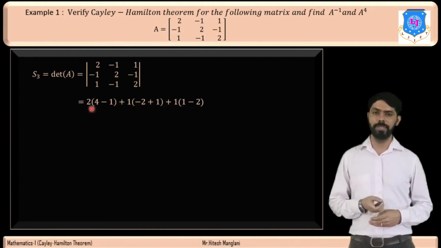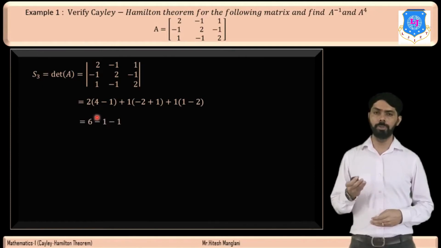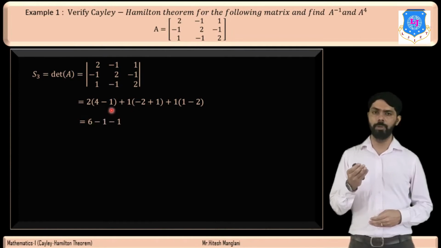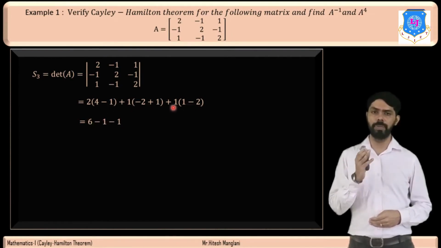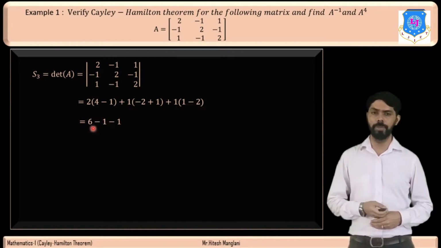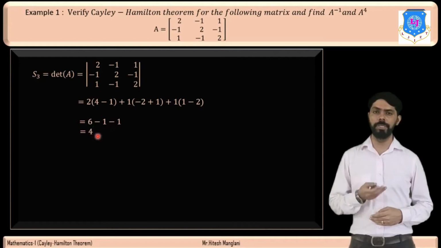If we simplify this, then it will be 2 into 3, so it will be 6, then minus 2 plus 1, so it will be minus 1 into 1, so it will be minus 1, then 1 minus 2, it will be minus 1, and minus 1 into 1, so it will be minus 1. So 6 minus 2 will be 4. Therefore the value of S3 is 4.